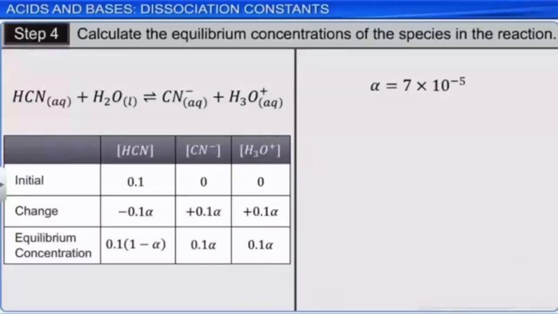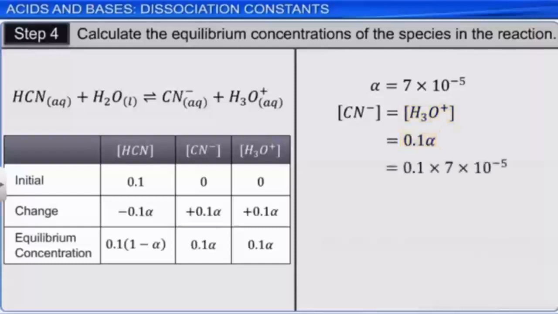Thus, the equilibrium concentration of cyanide ion, which is equal to the equilibrium concentration of hydronium ion, is equal to 0.1 alpha, which can be written as 0.1 multiplied by 7 multiplied by 10 raised to the power minus 5. This is equal to 7 multiplied by 10 raised to the power minus 6.